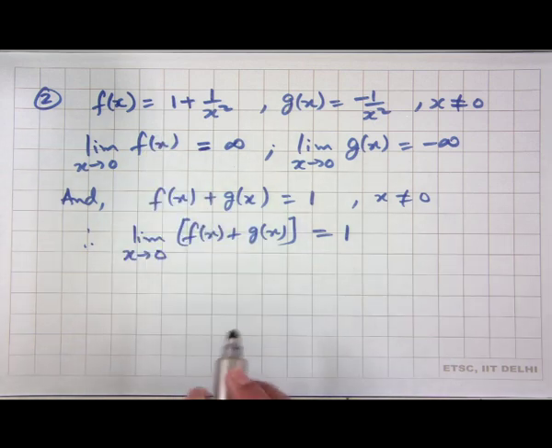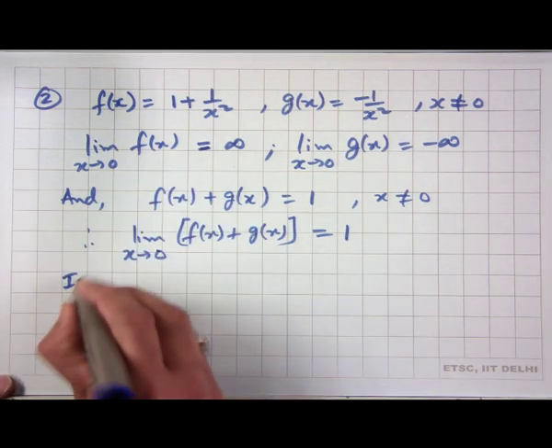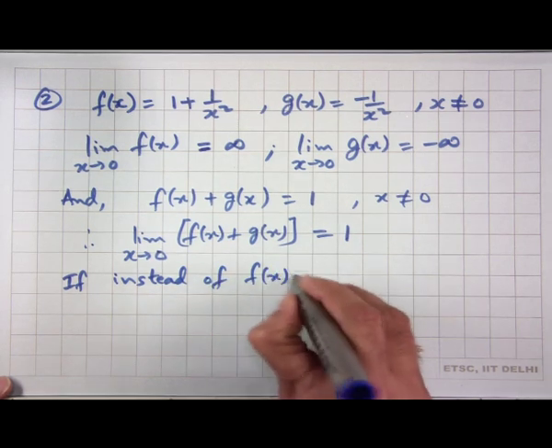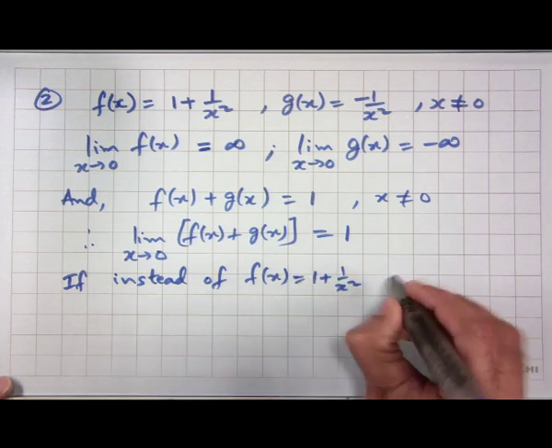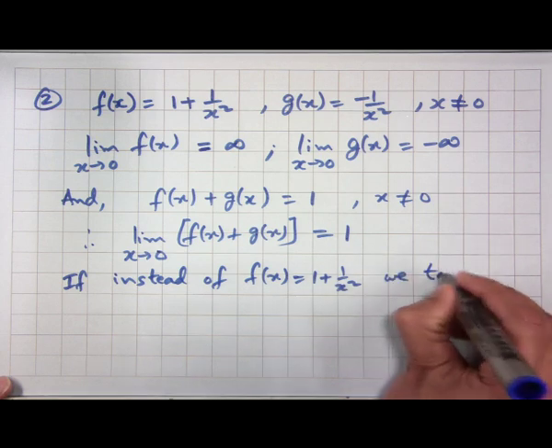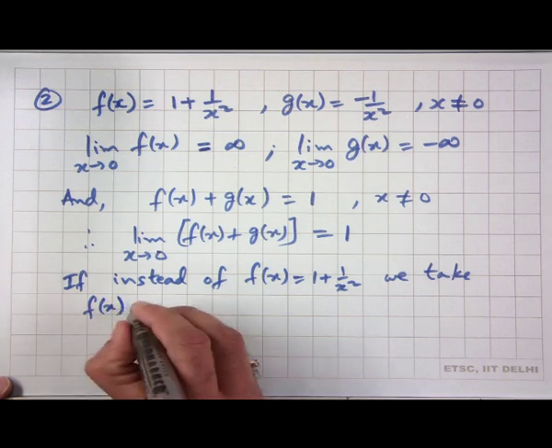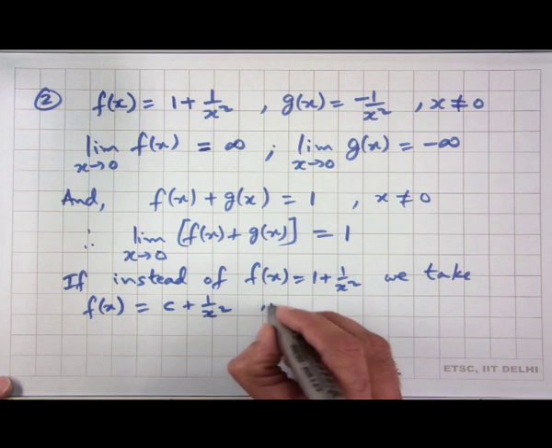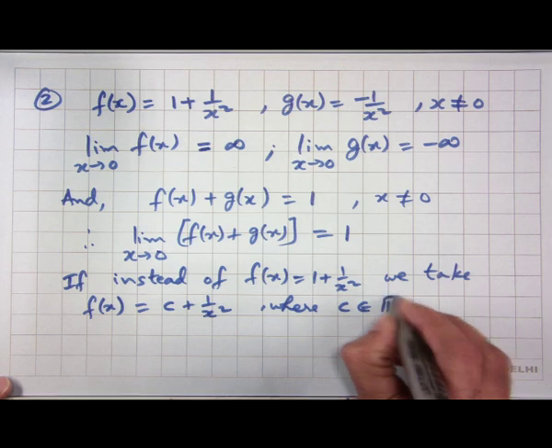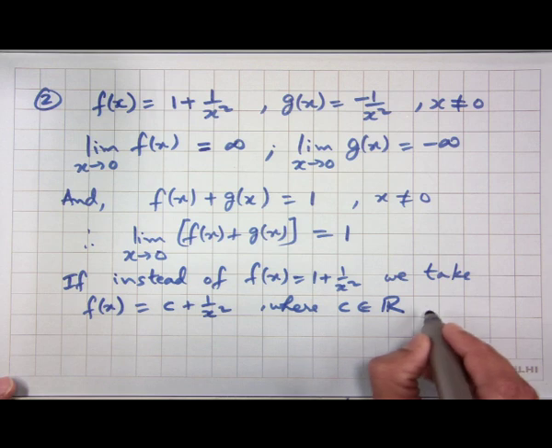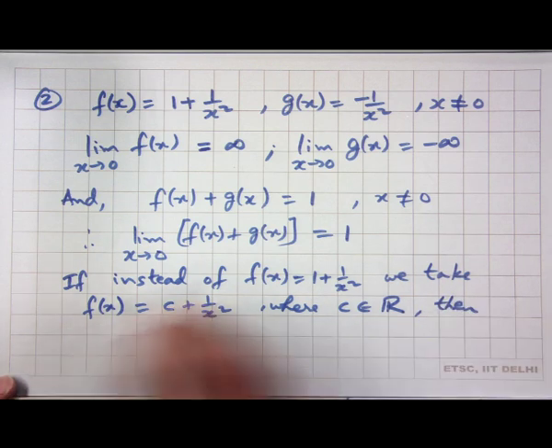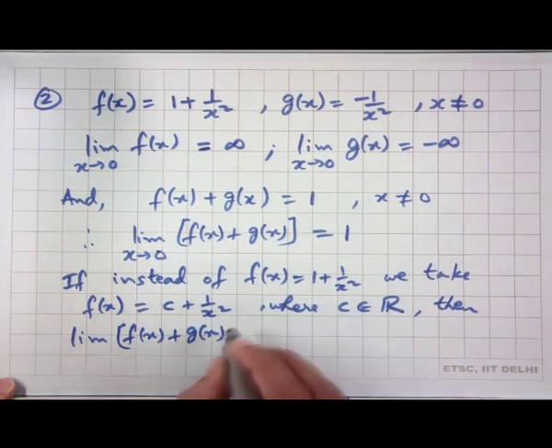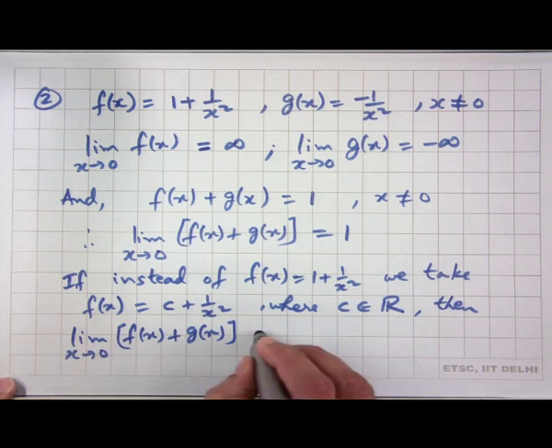If I change this 1 to any real number, so instead of taking f(x) equal to 1 plus 1 by x square, we take f(x) equal to some constant c plus 1 by x square, where c is any real number, positive, negative or 0, then the limit of f(x) plus g(x) is equal to c here.